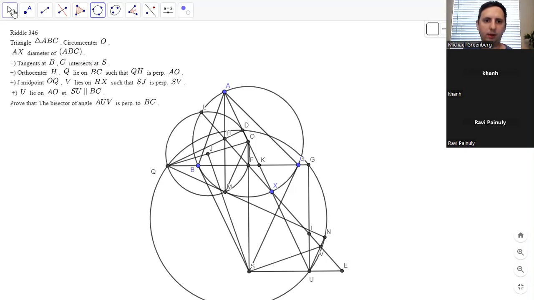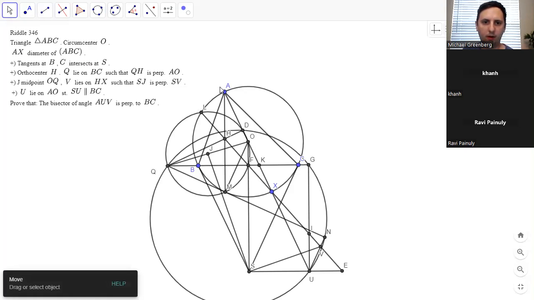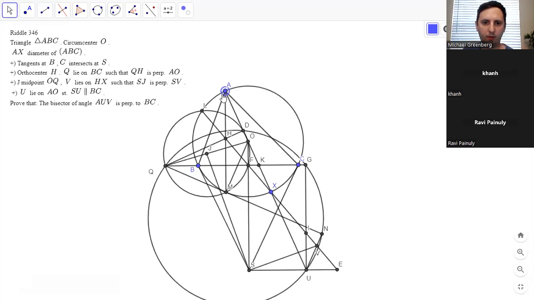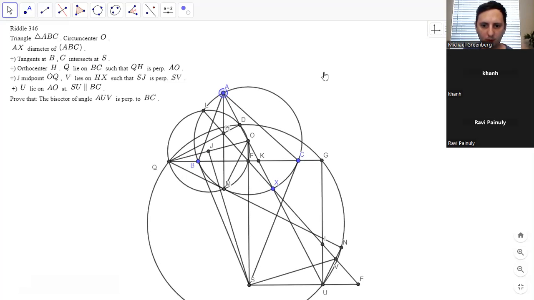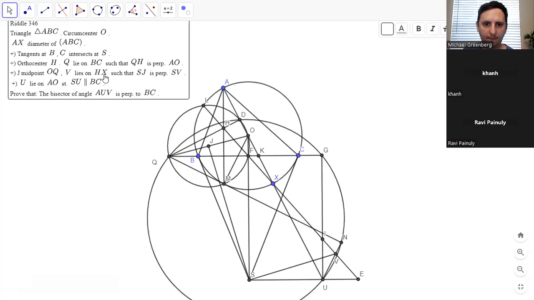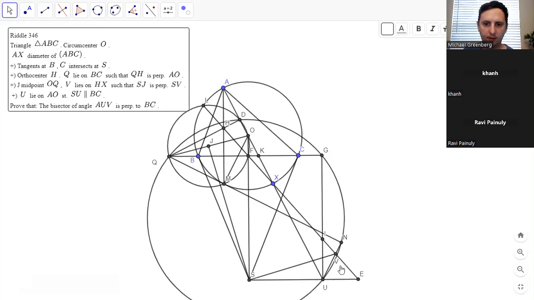Does that pass through D? Yes. Okay, so maybe that would help.